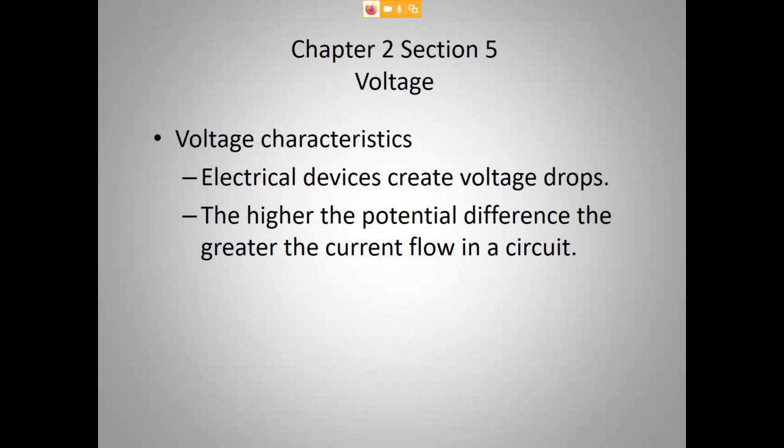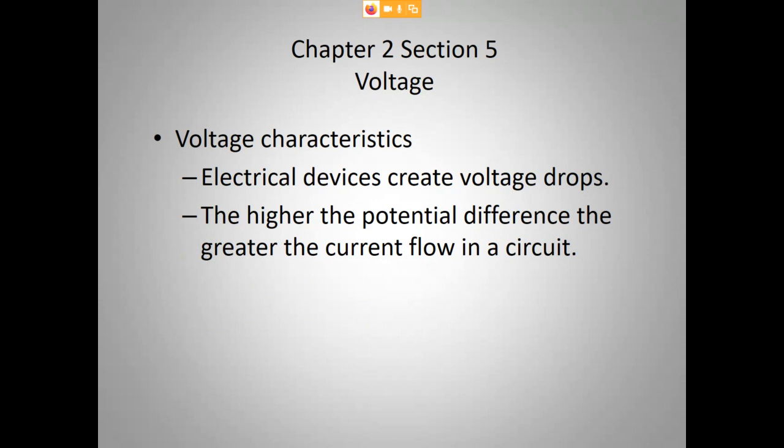All right, so when we talk about measuring voltage, a lot of times we talk about a voltage drop. That's because we have a high potential on one side and a lower potential on the other. And so as current flows through this device, you get a drop in voltage.